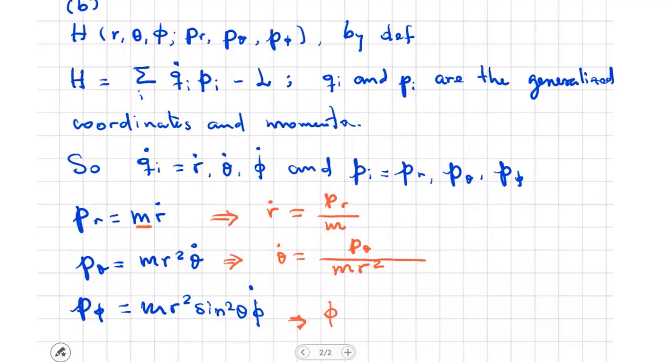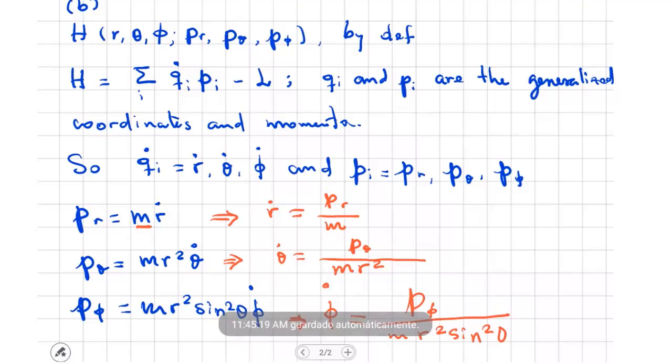Phi dot is equal to p_phi divided by m r squared sine squared of theta. All right, so those are the generalized velocities, the temporal derivatives of the coordinates.